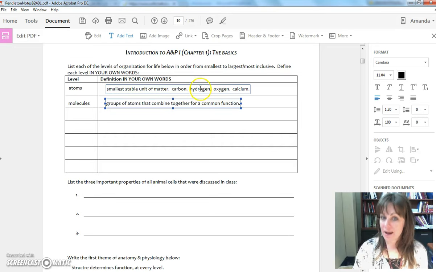We take two hydrogen atoms and we take an oxygen, and we combine them together to get H2O. And you may know H2O is the same thing as water. Okay? So hydrogen has its own function, oxygen has its own function, but you combine these together in a certain way to get water. We drink water, it's absorbed into our bodies, it becomes part of our blood. There's a lot of things that happen with this molecule water that hydrogen alone, oxygen alone couldn't do.